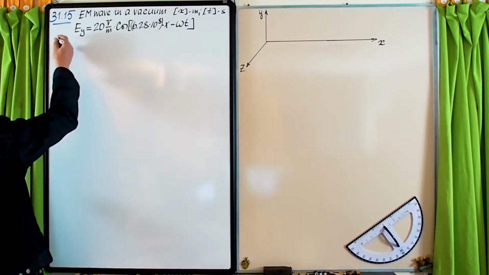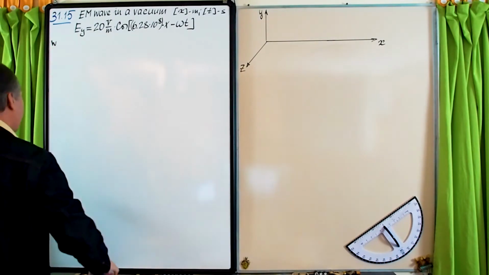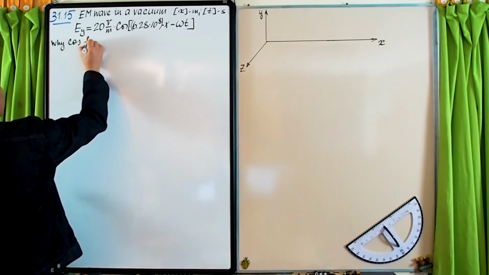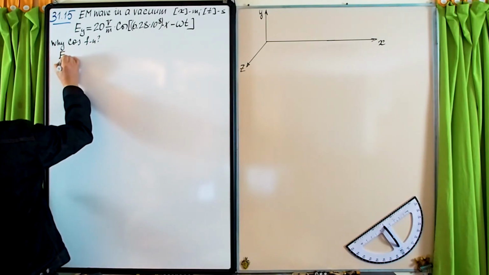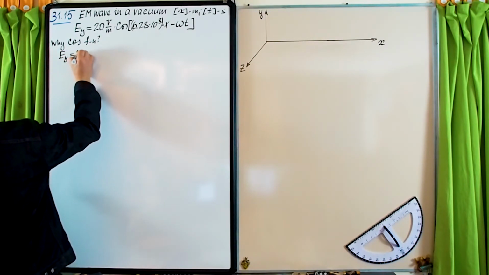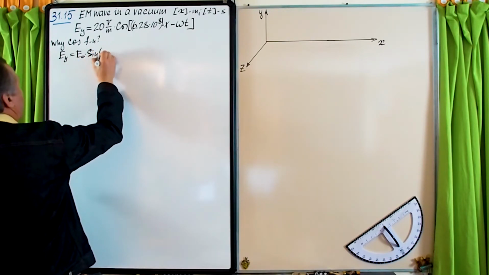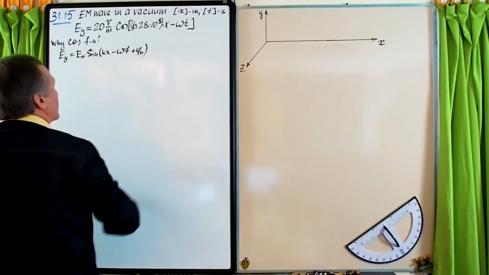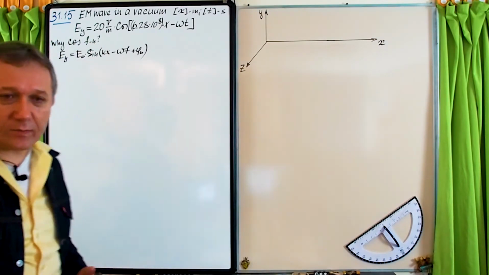So we can get this easily out of the sine function, which I used in the video. Let me write E sub y, and E naught sine of (kx minus omega t plus phi naught). That's what I had in my video.